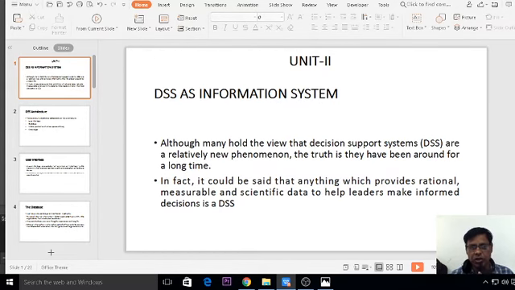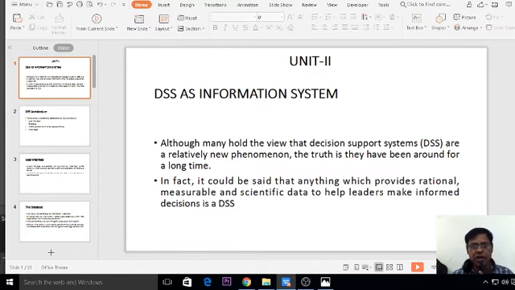Okay, so here we can see, although many hold the view that decision support systems, that is DSS, are a relatively new phenomenon, the truth is they have been around for a long time. They are near the information system and people are not aware of that.